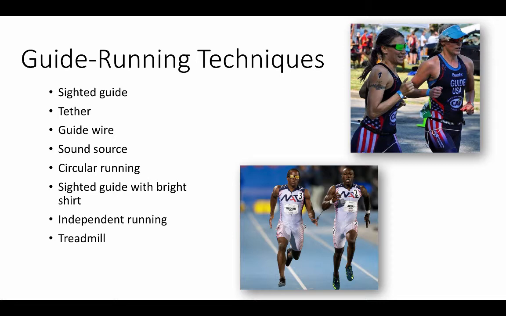Now, a tether, which is in both of these pictures, is a piece of string that tethers two people together and allows the guide to give feedback with the tether, but allows more freedom of movement.